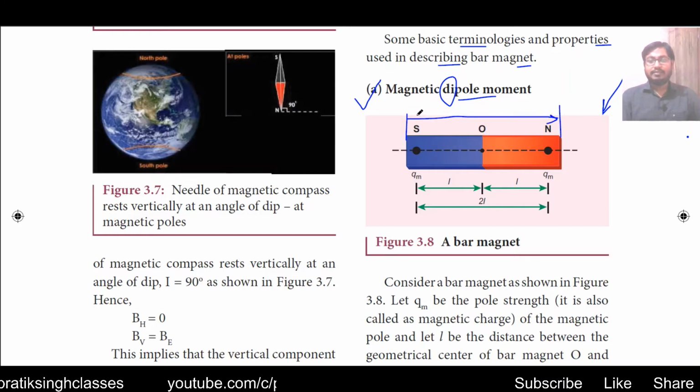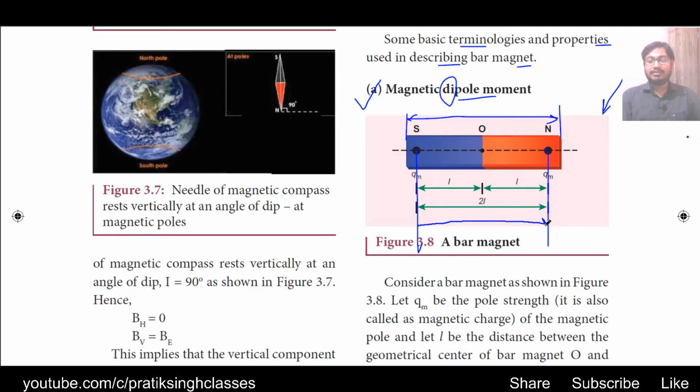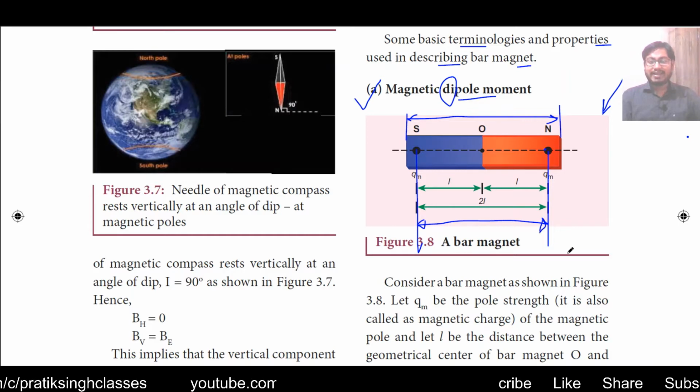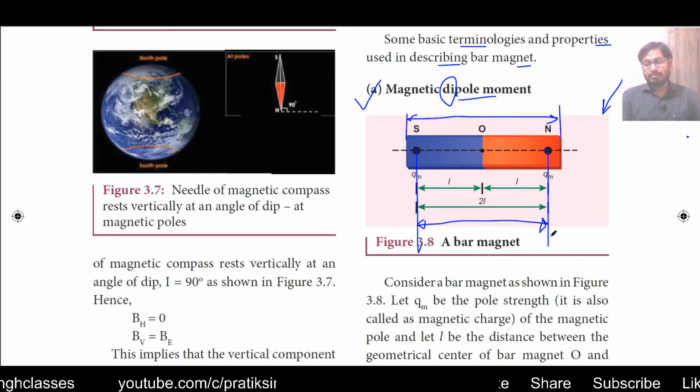From here to here, this length is lesser than the actual length, and it is called the magnetic length. There are some other terms too, which we will see.